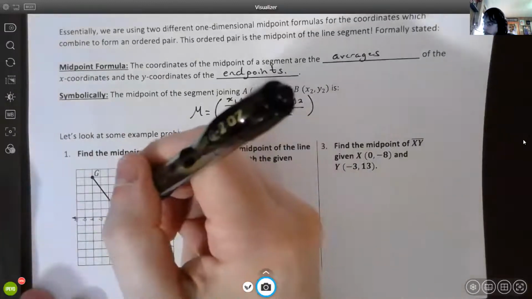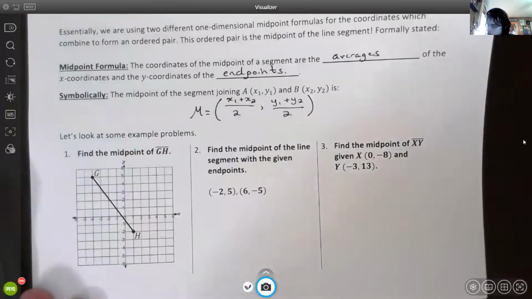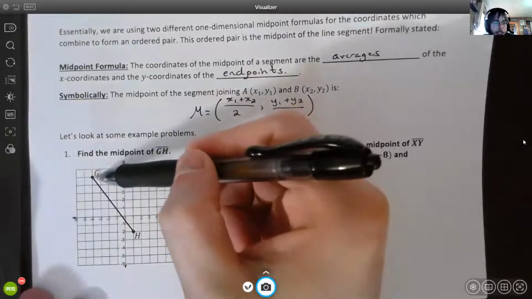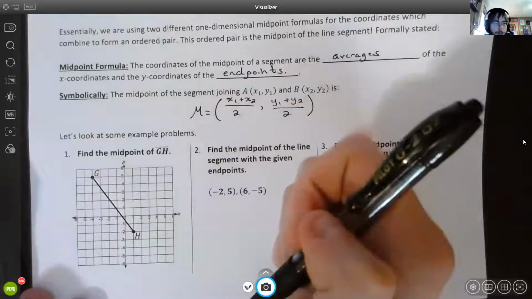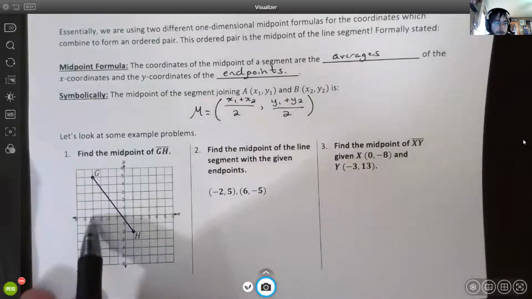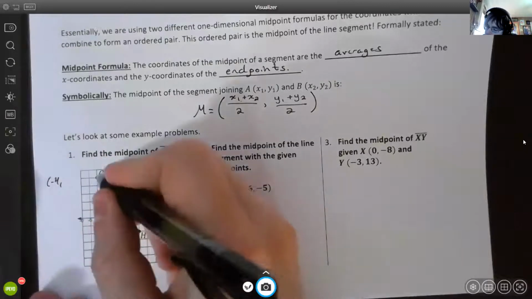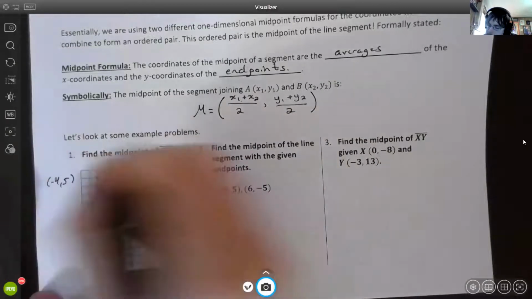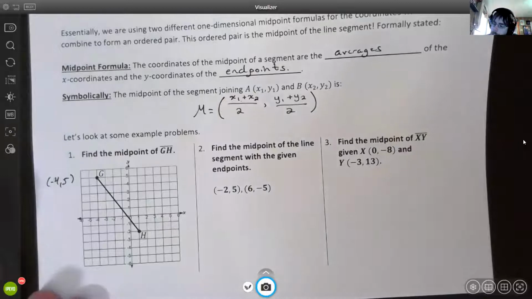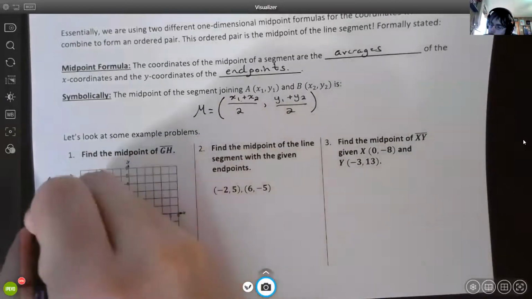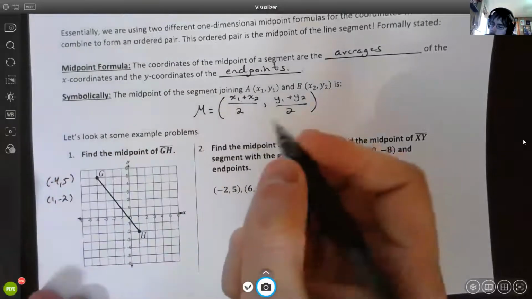So when we do this, we look at the coordinates for G. Remember, you go left and right first. So we have to go left 4, so that's -4. And then we go up 5 to get to G. Then our next thing here, we need H. So we go right 1, down 2, so that's 1, -2.